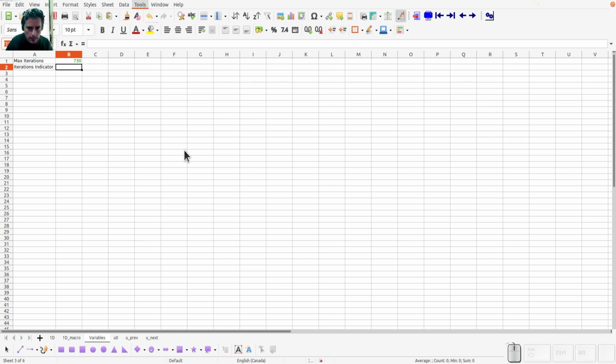Tools, macros, edit. Iteration, yeah, indicator. And that's where it goes. So you just type in the little box there.